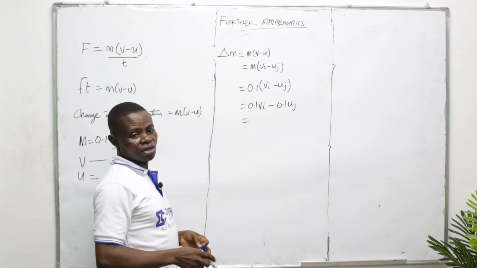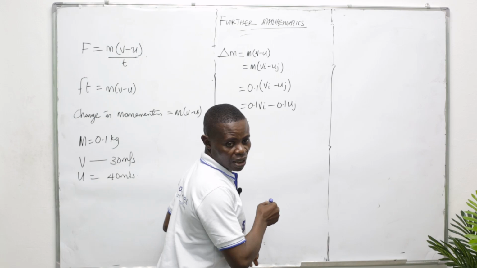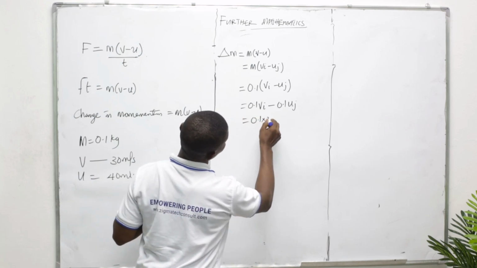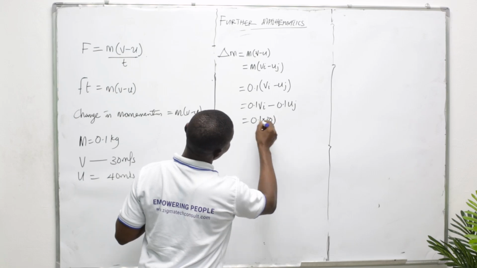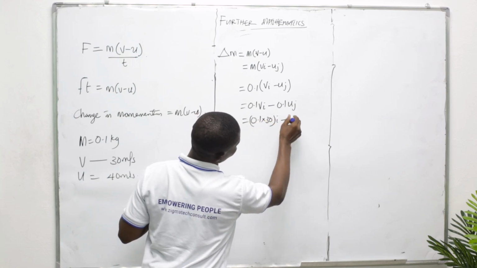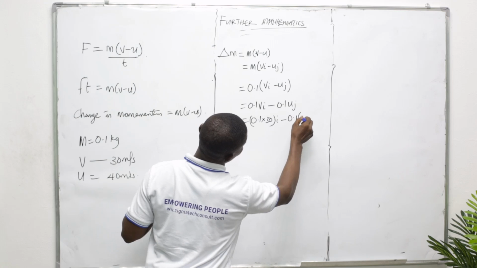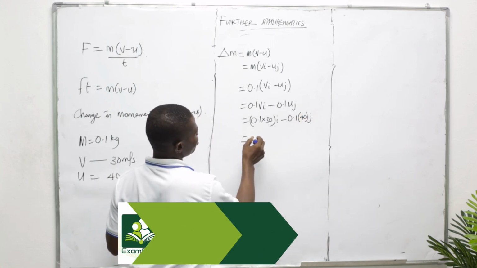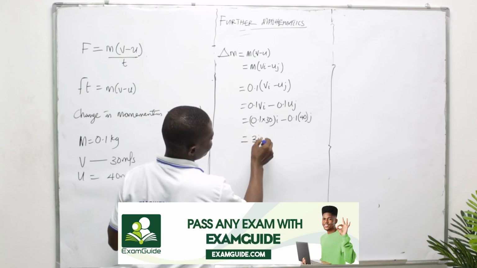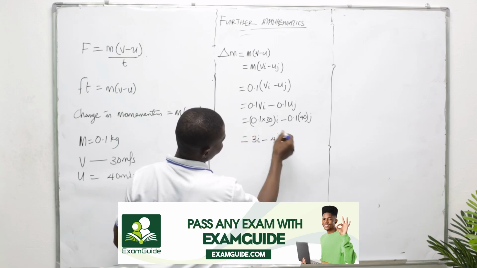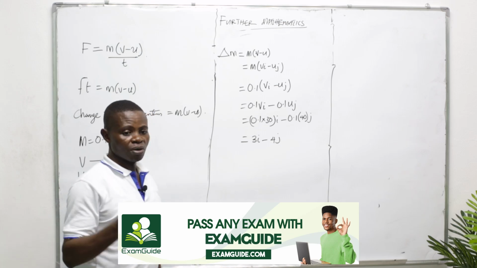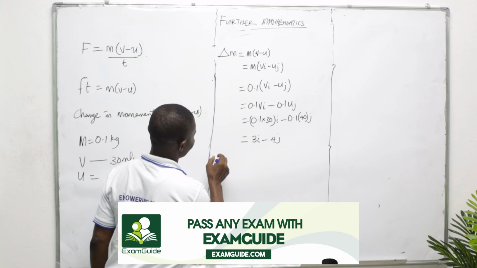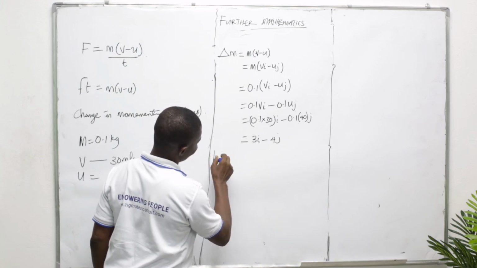Final velocity is what? 30 meters per second, 0.1 times 30 into i minus 0.1 times 40 into j. This will give us what? 3i minus 4j.